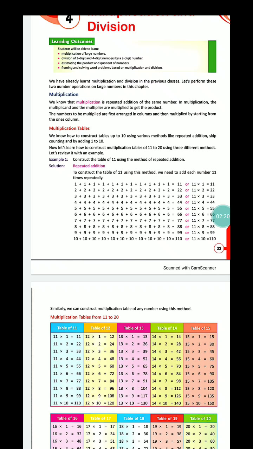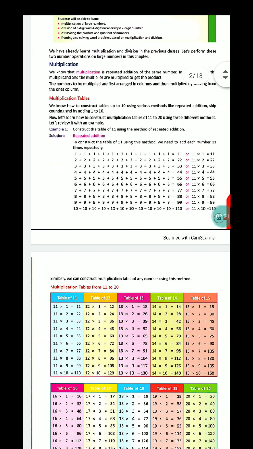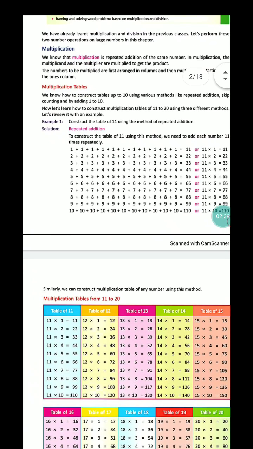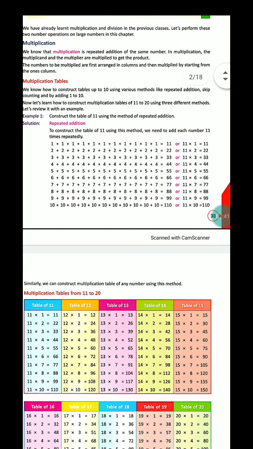Now let us learn how to construct the multiplication tables of 11 to 20 using three different methods. Example number 1, construct the table of 11 using the method of repeated addition. So what would be the solution? The solution is written over here. Repeated addition.